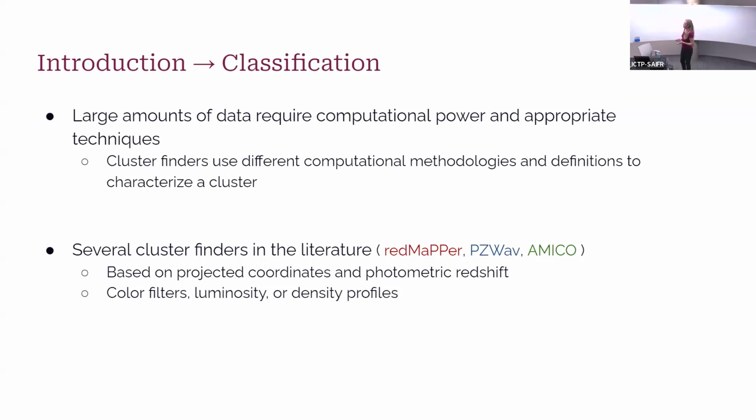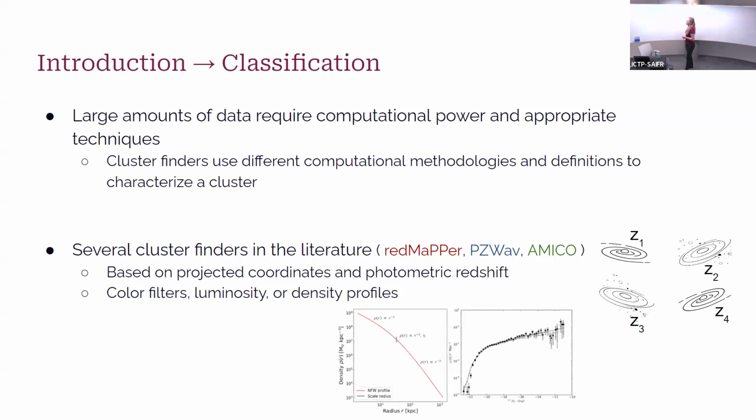There are several of them in the literature. Some of them are based on the projected coordinates of the galaxies and also the photometric redshift, and others depend on color filters, luminosity, or density profiles. For example, WaZP is a cluster finder that depends on the distribution of galaxies, the projected coordinates, while AMICO is one of these filtering algorithms that depends on the colors and the distance from the center of these profiles.